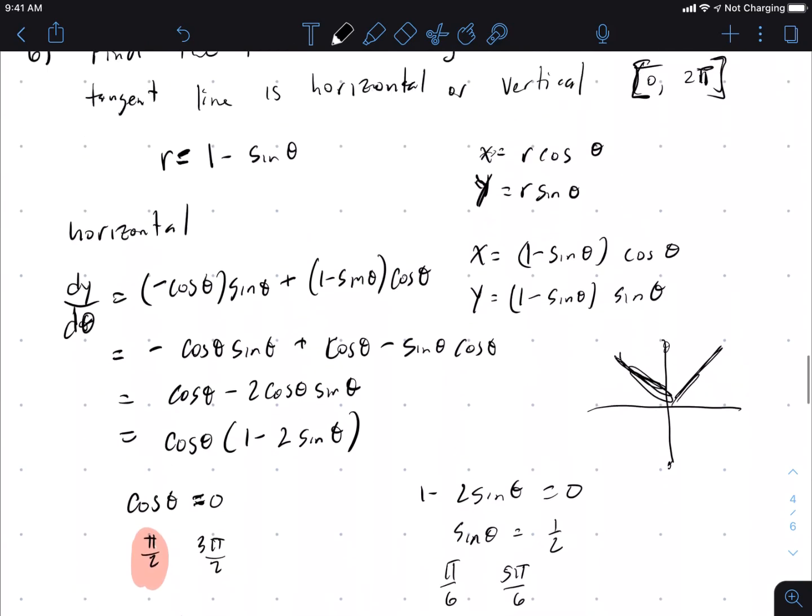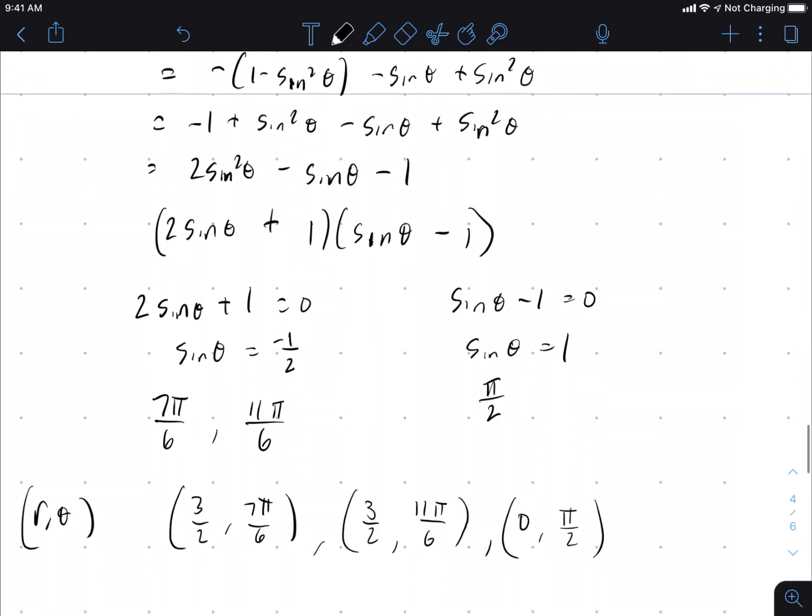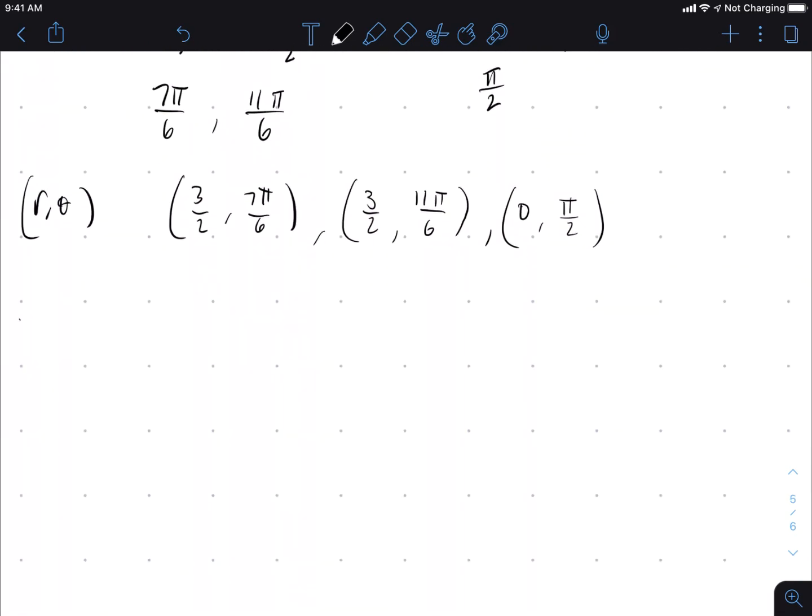This was number 6, so number 7. Find the slope of the tangent line.